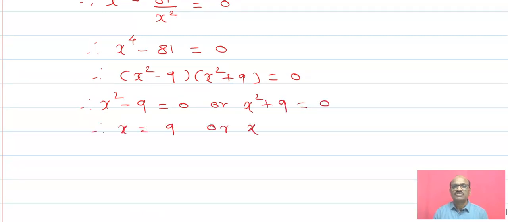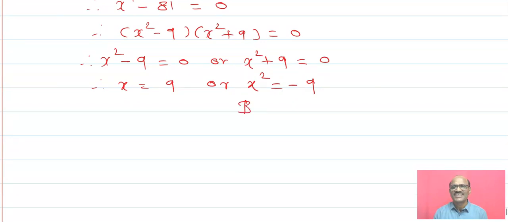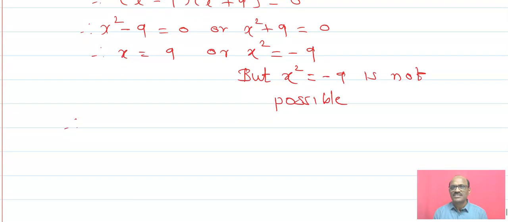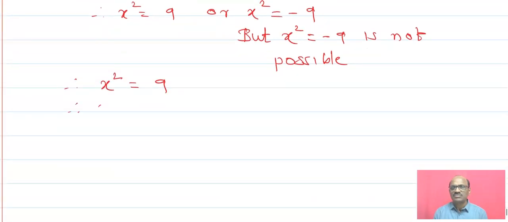Therefore, x square is equal to 9 or x square is equal to minus 9. But x square equal to minus 9 is again not possible because the square of a real number is not negative. Therefore, x square is equal to 9, therefore x is equal to plus or minus 3.